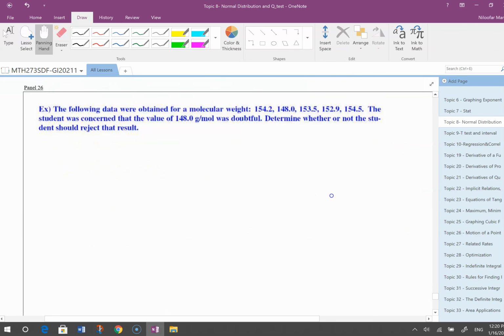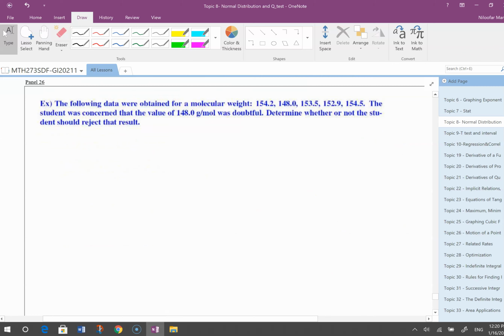So the following data here is given. It's a weight: 154, 148, 153, 152. So see, I feel this is kind of far from them. So I'm thinking, oh, can I reject it or not? So I have to tell you what is the confidence level.